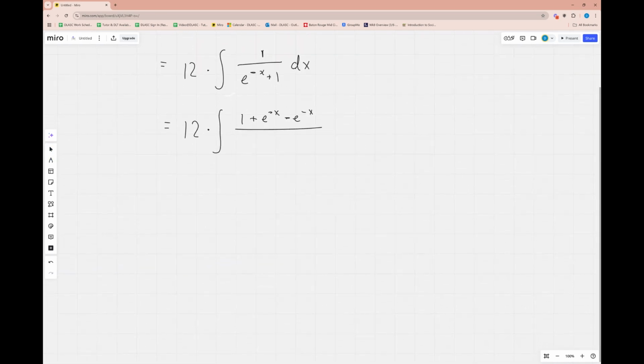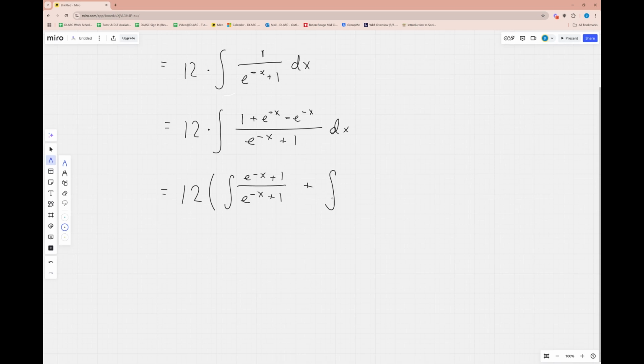So now I'm going to go ahead and say that this is equal to 12 times the integral of, I'm going to rearrange this first part so that it's obvious, right?